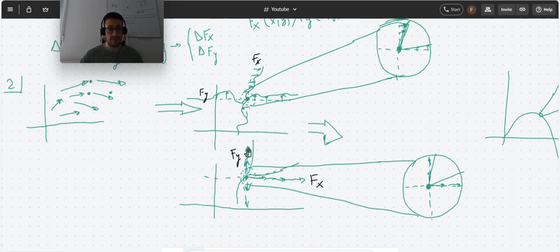The reason I'm doing this is because we are going to analyze each case separately, and we are going to reach the conclusion that the first case scenario is the only one we have to take into account to determine if a force is conservative or not.